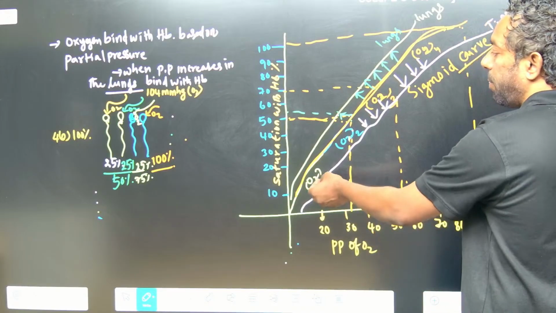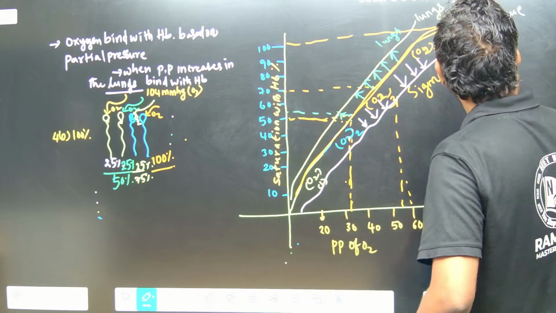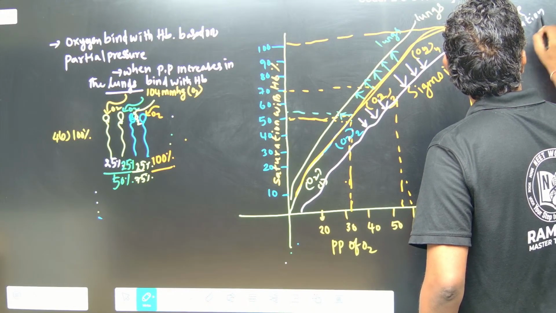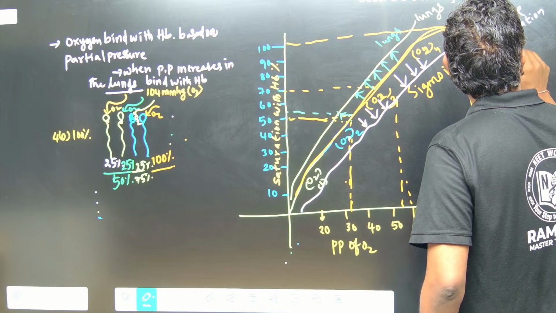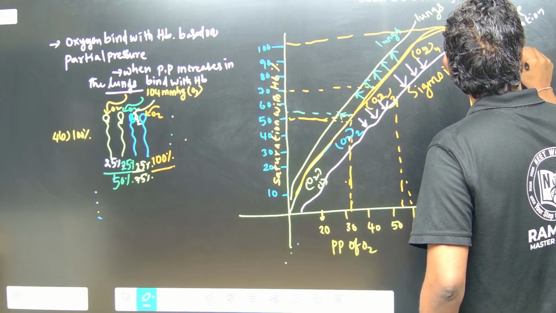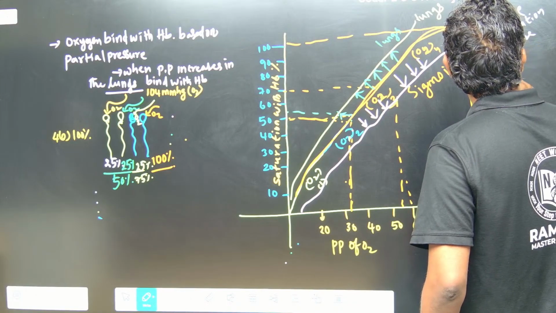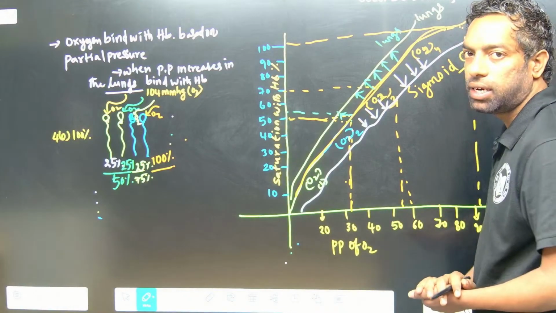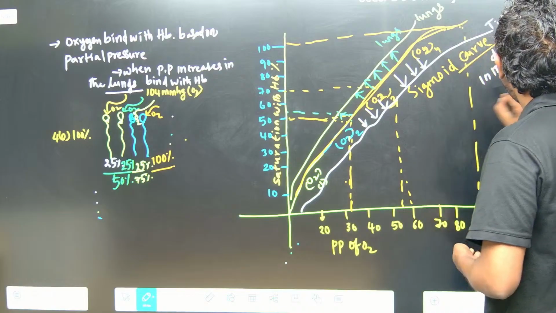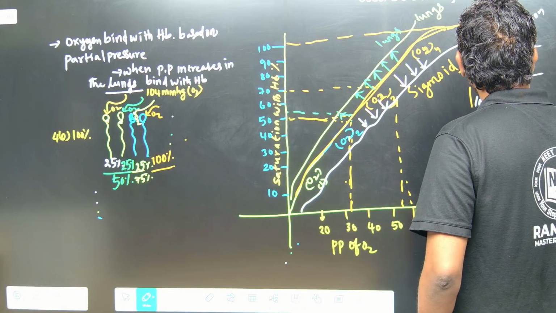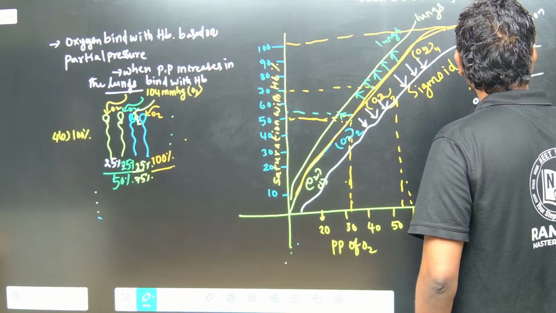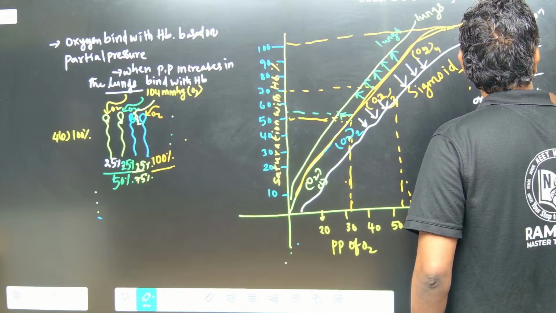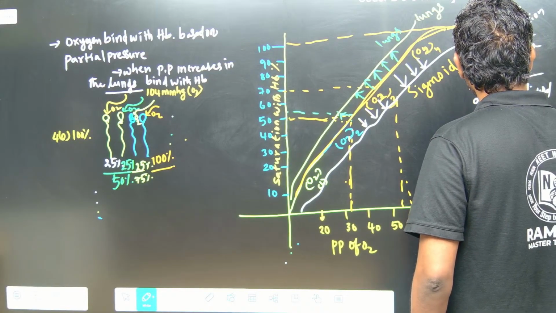In the tissue, saturation will decrease, meaning there is a loss of oxygen delivered in the tissue.